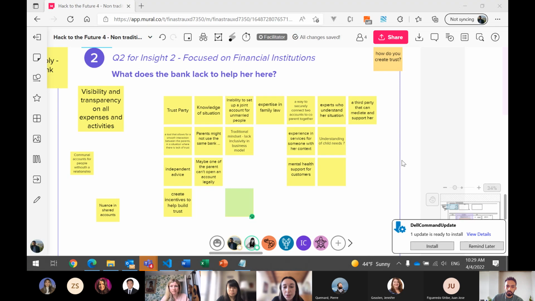Also seeing this side too, as I'm reading some of these, this side of an advisor as the financial institution, right? We're seeing mental health support for customers, or experts that help them. I wanted to comment on that because some of the stickies were from me. The model of financial advisors in the branch or online has been heavily focused on your finances.